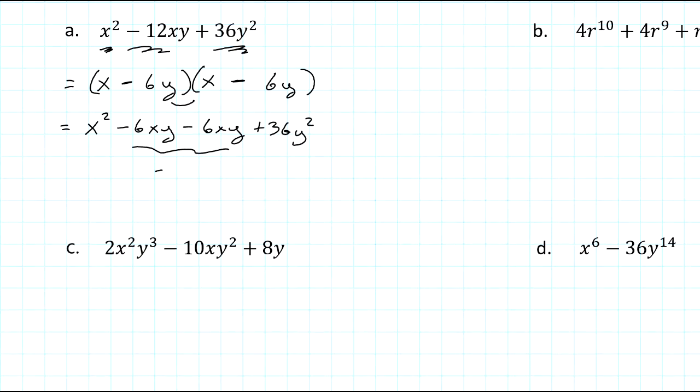These do add up to negative 12xy, so we're good. And if I look at these, nothing factors. x minus 6y is prime, nothing more can be done here. And so this x minus 6y times x minus 6y is really my final answer.